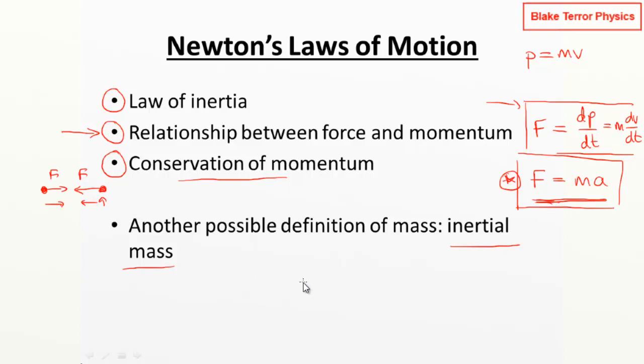We can look at how objects react to forces that are being applied to them, and that can tell us what the mass is, because we can measure the force F, we can measure the velocity v, and then that will allow us to work out what the mass is through how the velocity is changing with the applied force. So it does give us another way of defining mass.